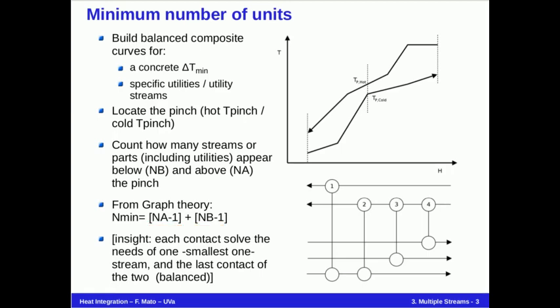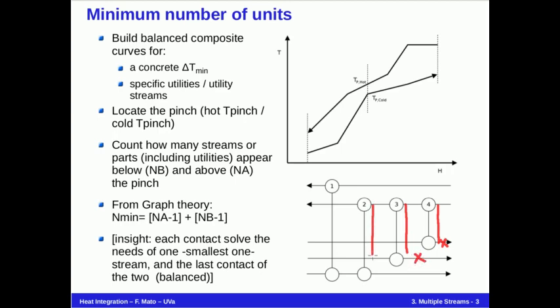This is a general result that comes from Euler's theorem in graph theory, but as an insight, you can see that if you make a contact and eliminate the needs of one stream, here you make another contact, eliminate the needs of that second stream.